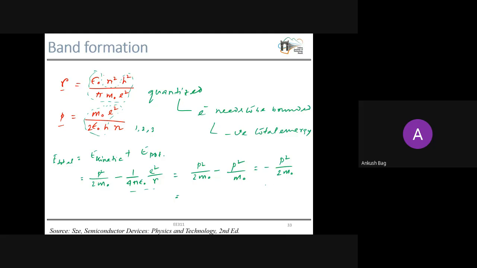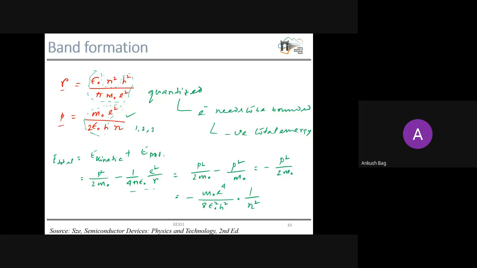And once again, if I put in all these values of p which we mentioned here, it will take this form: m e to the power 4 divided by 8 epsilon naught square h square, and that interesting portion, 1 by n square.